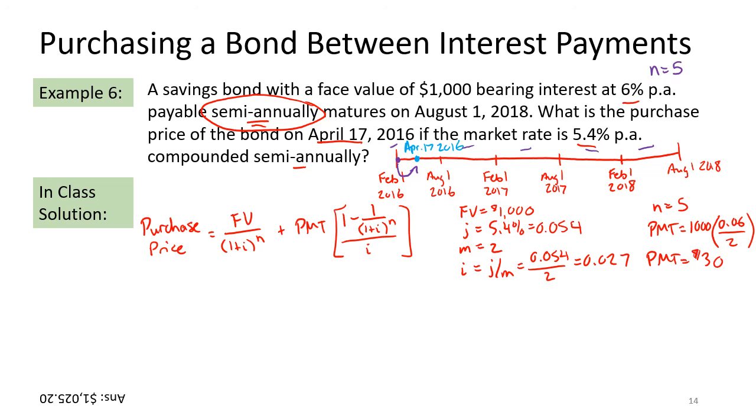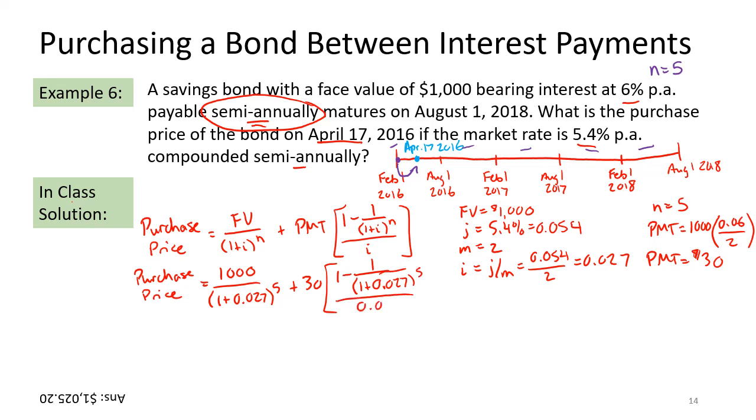So substituting those values in, our purchase price is equal to our face value, 1,000, divided by 1 plus our periodic interest rate, 0.027, to the exponent 5, plus our payment, 30, times 1 minus 1 divided by 1 plus our periodic interest rate, 0.027, to the exponent 5, divided by 0.027, our periodic interest rate.